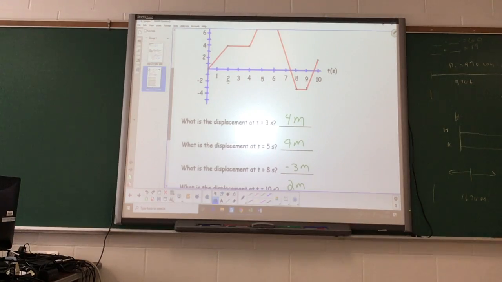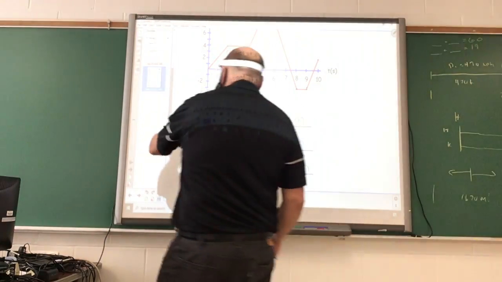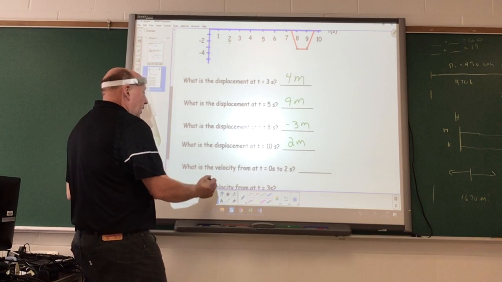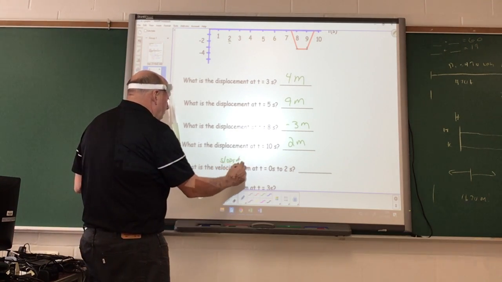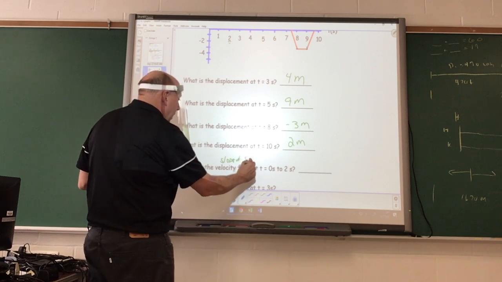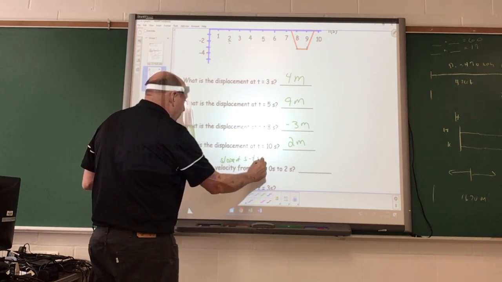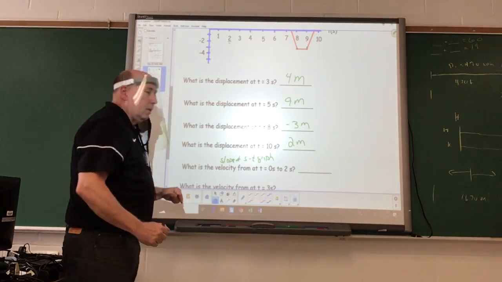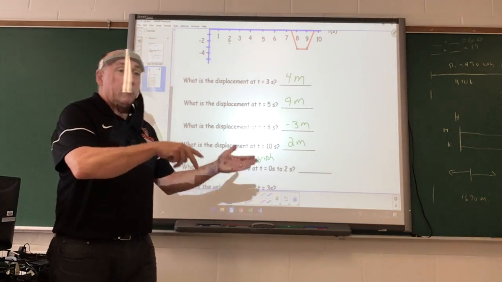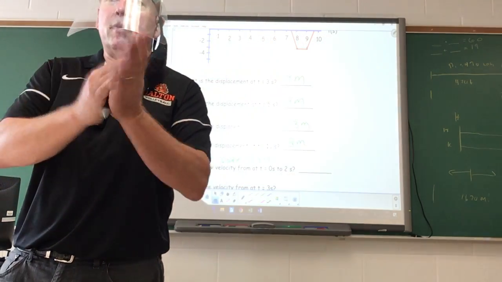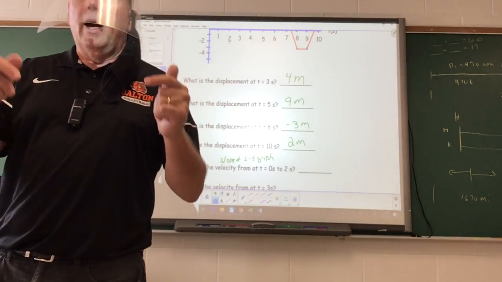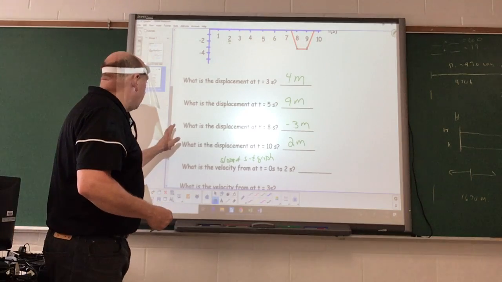The slope. So we are looking at the velocity, which we defined on the front side here, is the slope of an ST graph. That's what we developed on the front side. When I talk about the slope of a displacement time graph, I will get my velocity.